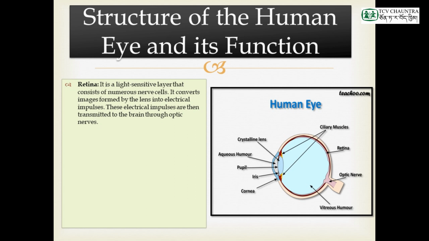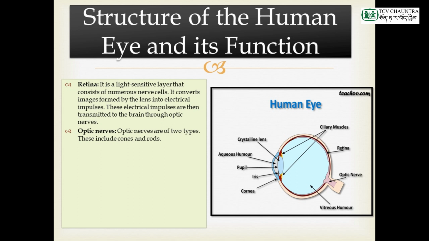the optic nerve. Once the image is formed, the retina and the optic nerve are the nerves, nerve cells which carry the message to the brain.